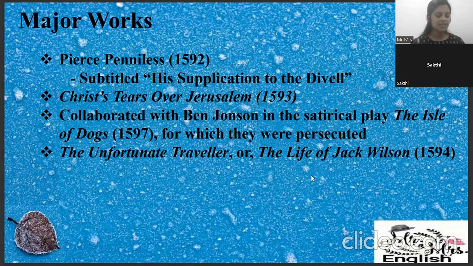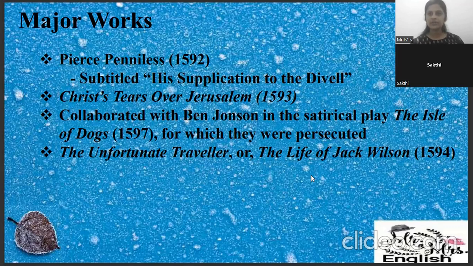Then Christ's Tears over Jerusalem in 1593. This was actually written during the Black Death, the 1592 to 94 period. So there was a warning, a warning for reformation and all these things in this work. Then he collaborated with Ben Jonson in the satirical play The Isle of Dogs.